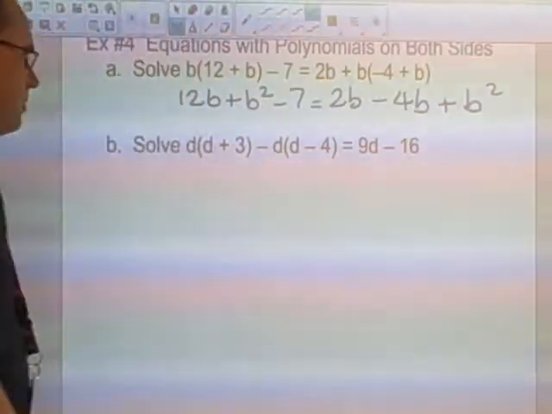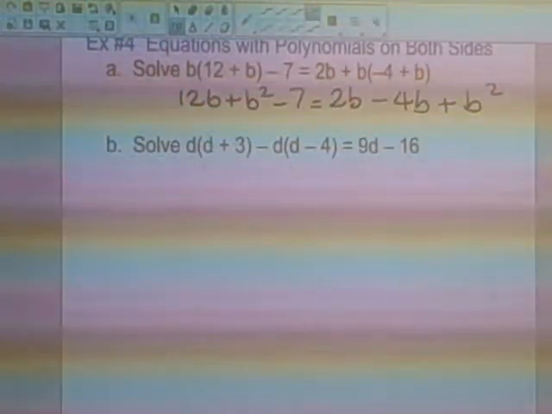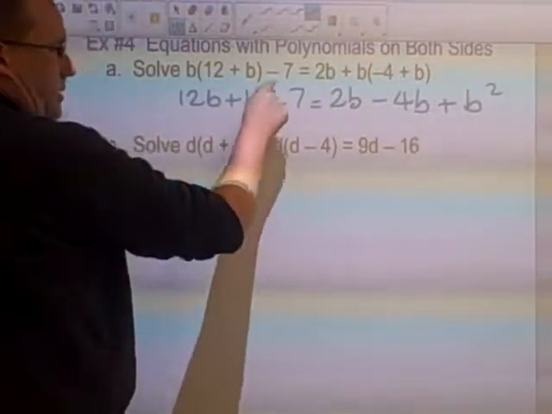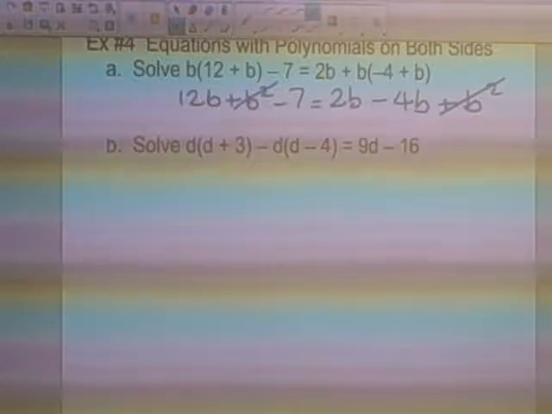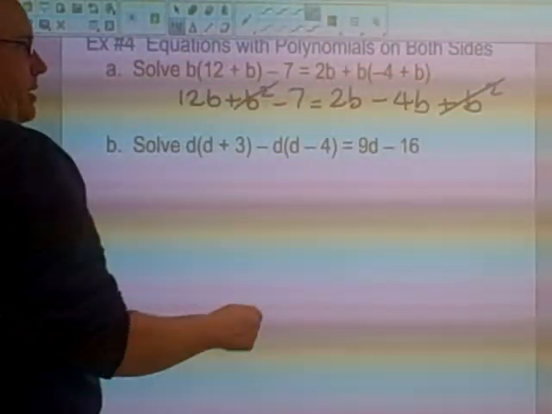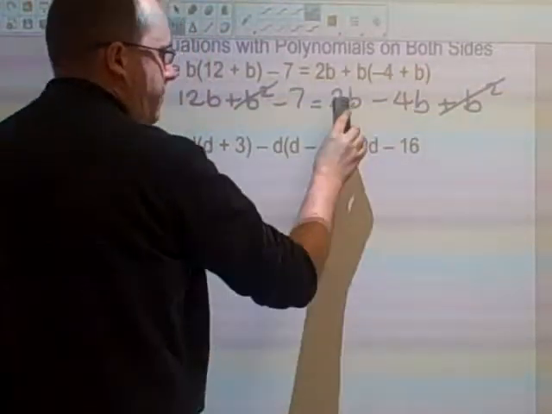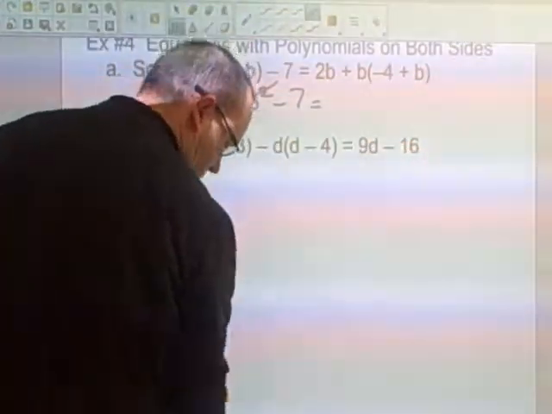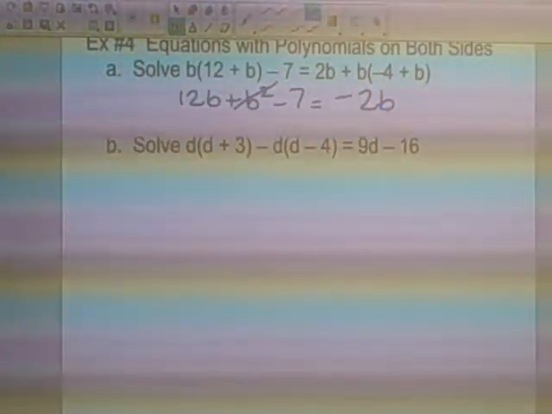Now we've never actually had any equations that have b squared in before. Now actually that's not going to worry us anyway, because if I subtract b squared from both sides, this is actually going to cancel anyway, so I should be able to work this out nicely. Now I can also combine this term here, 2b minus 4b is going to give me negative 2b. And then now we just get our normal solving of equations.